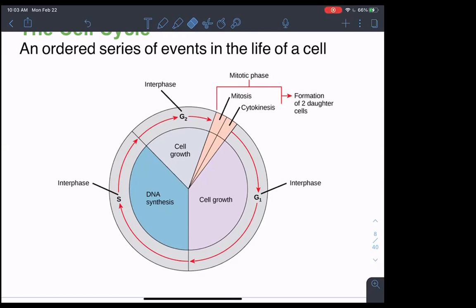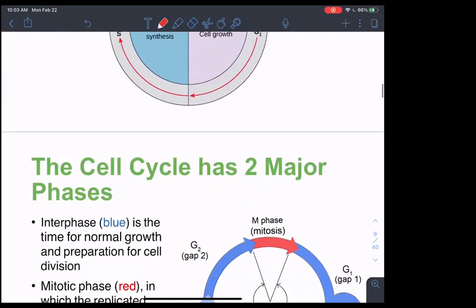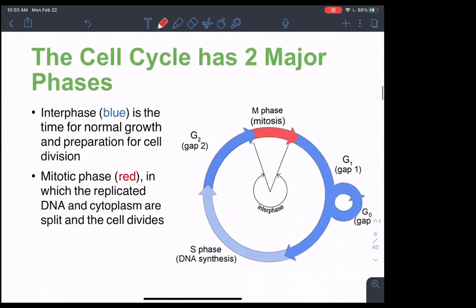And it is broken down into this mitotic phase of mitosis and then cytokinesis here, and that ends up forming two daughter cells. So two major phases here. The interphase, which is in blue, is the time for normal growth and preparation for cell division.